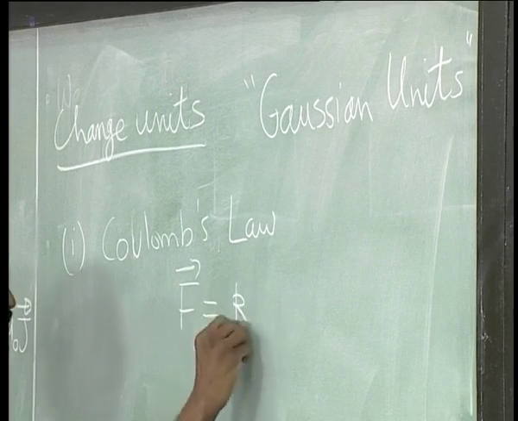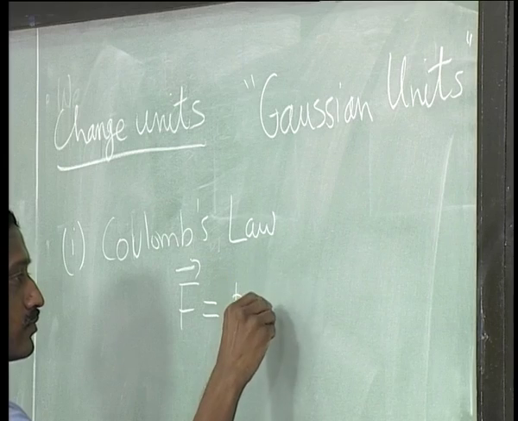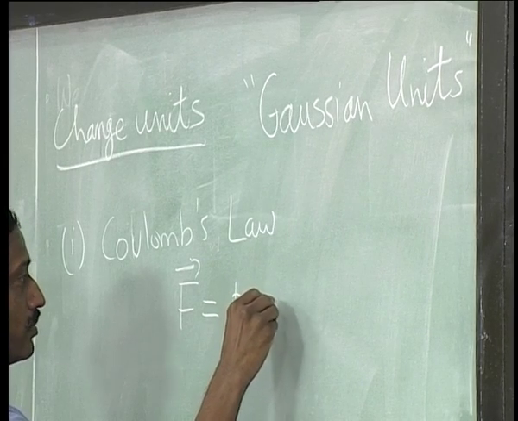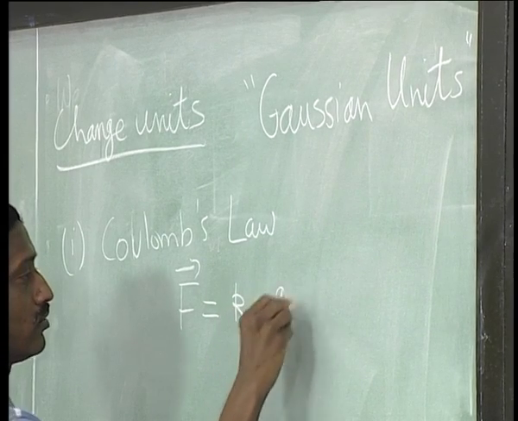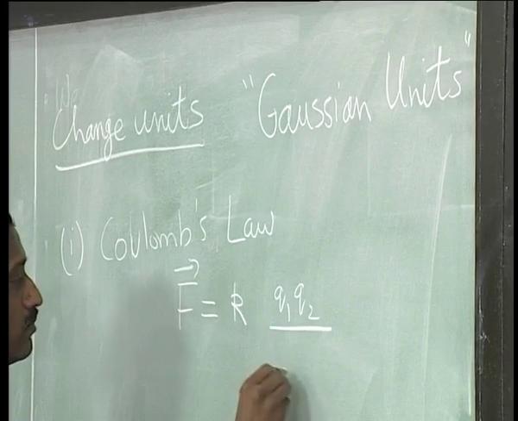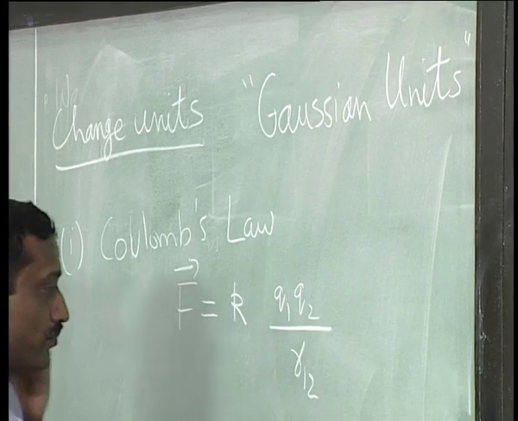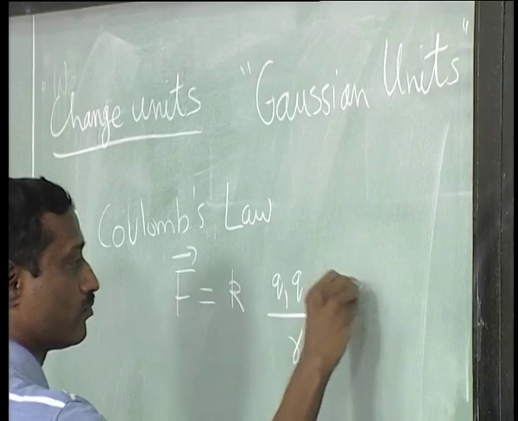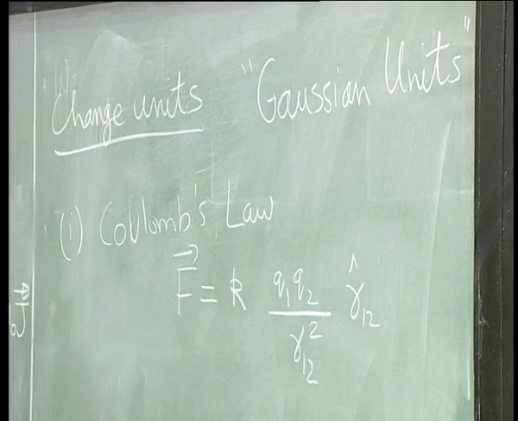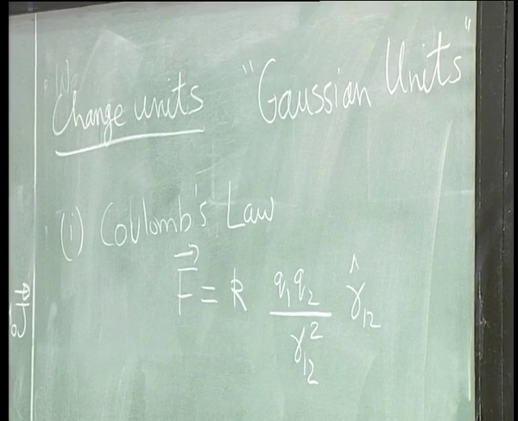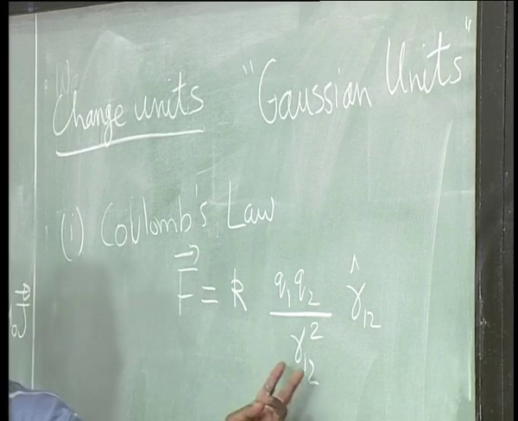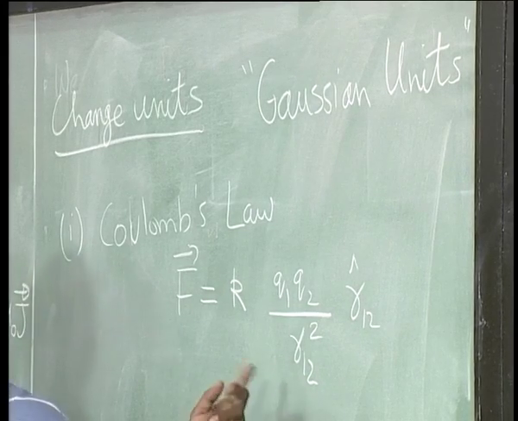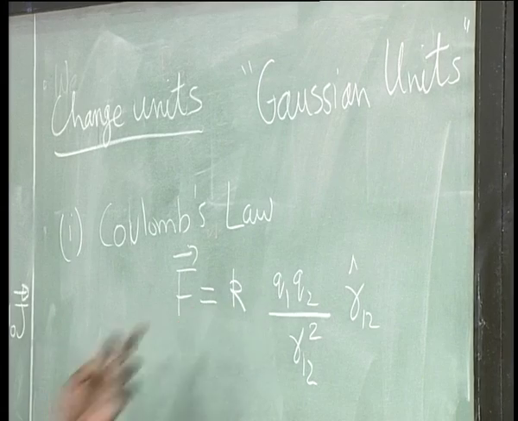Okay. So R12 here is the vector which connects 1 and 2. Okay. So this k is this constant.